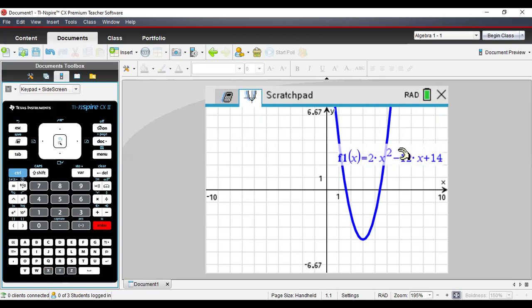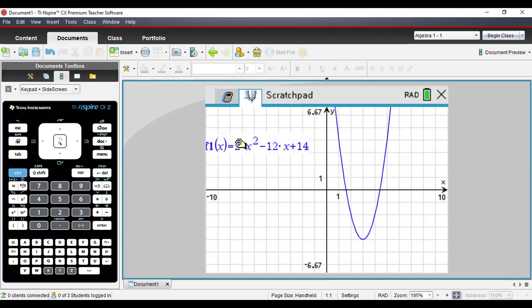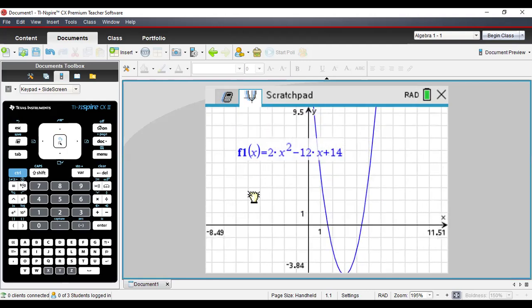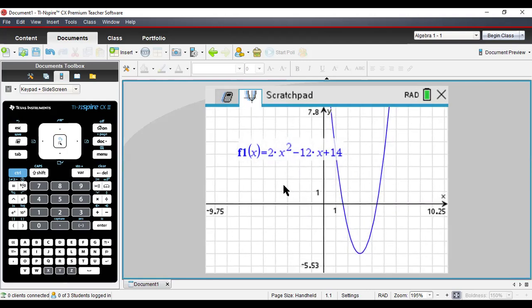If you want to move this out of the way, all you have to do is click on this button right here in the middle, and it allows you to grab and move it around. If you want to move the graphing paper, one of the easy ways is to click and grab the paper and move it around. All right, so that's a couple things.